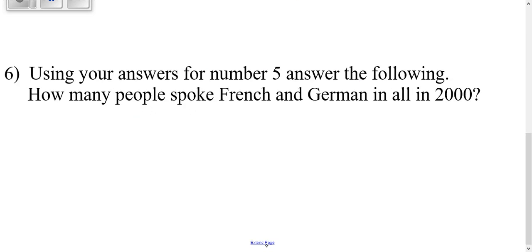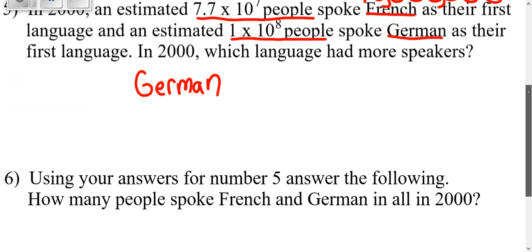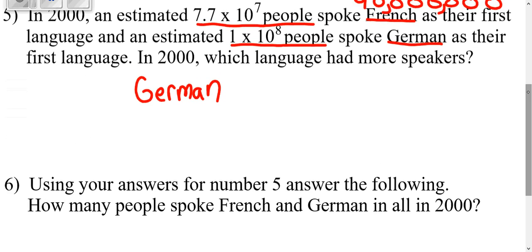But if you didn't, that's the way you would do it in the calculator. Using your answer for number 5, answer the following. How many people spoke French and German in all? So you're just taking these two numbers, 7.7 times 10 to the 7th. I'm going to leave out the operation in all.